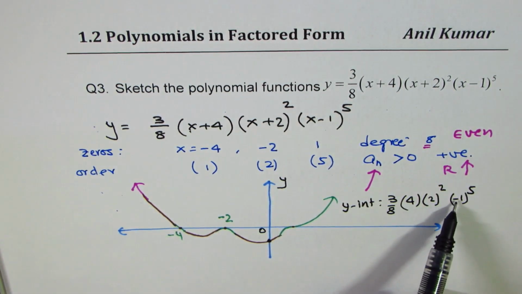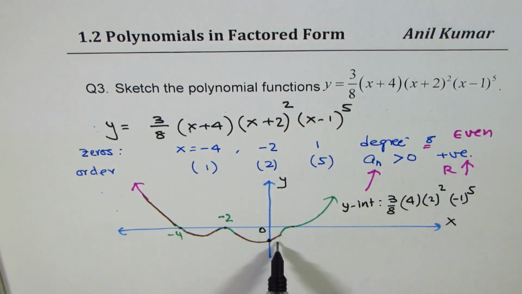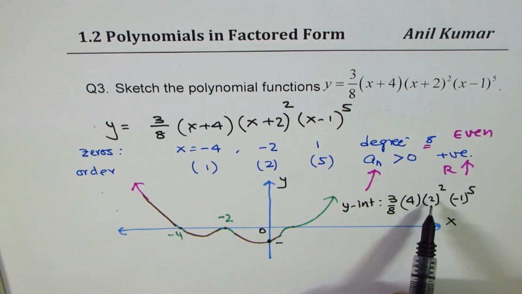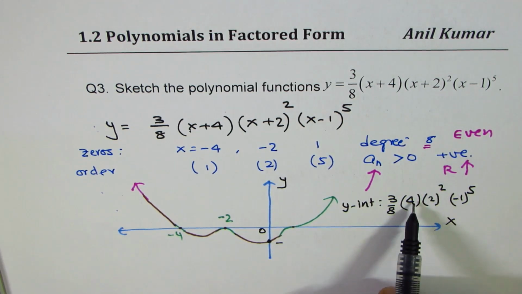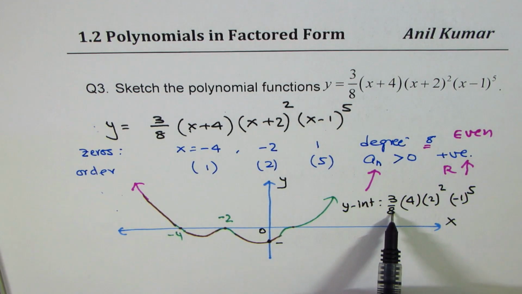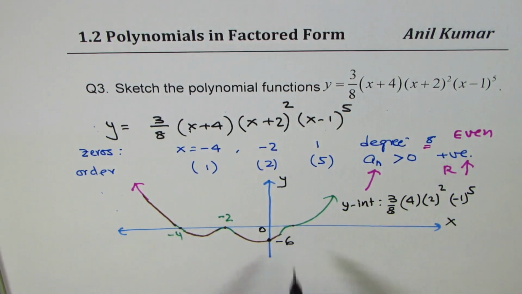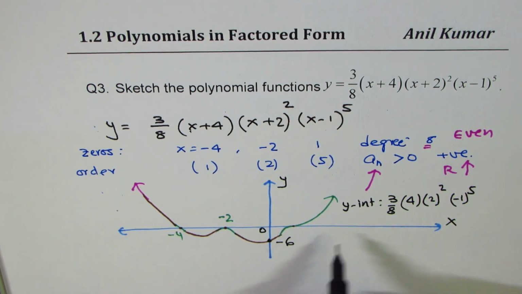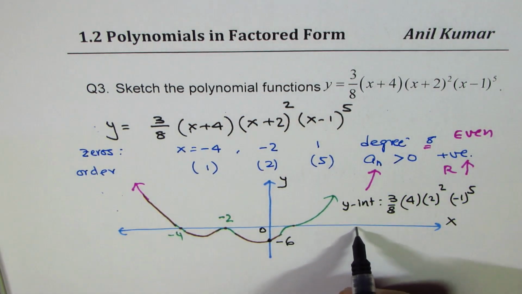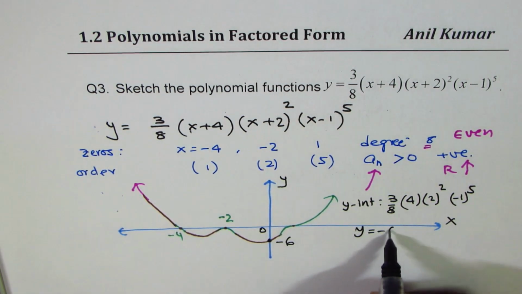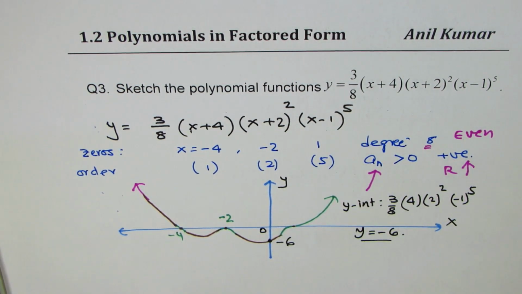You see this is a negative value, and here we get 4 times 4, 16, divided by 8 is 2, so we get minus 6 as our y-intercept, right? So the y-intercept is at y equals minus 6. So that completes your graph.